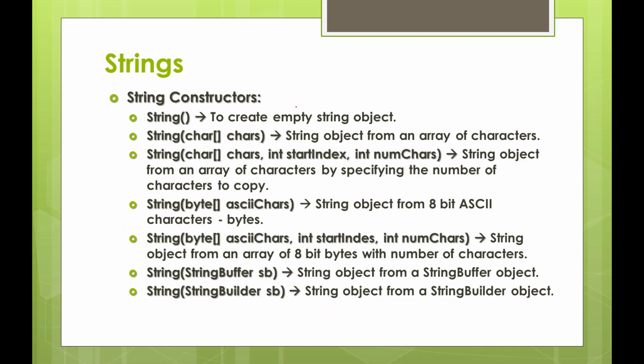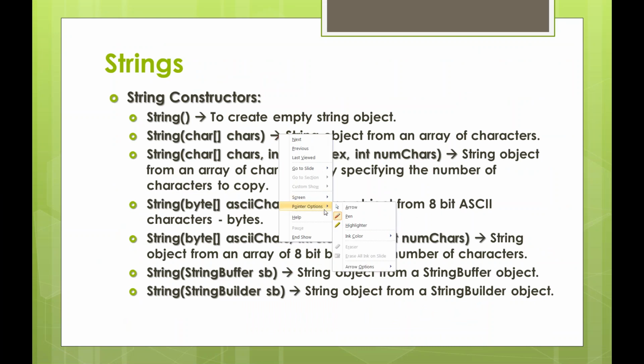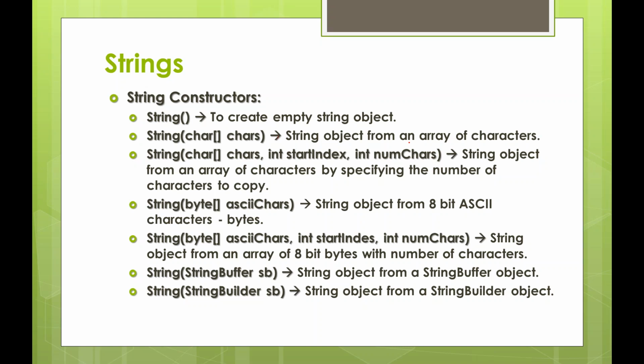When we need to create an object, obviously we'll have different constructors associated with it. Similarly, we have different constructors for constructing strings. This is a default constructor, which creates an empty string.